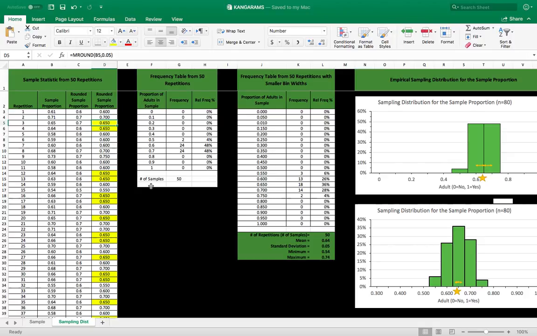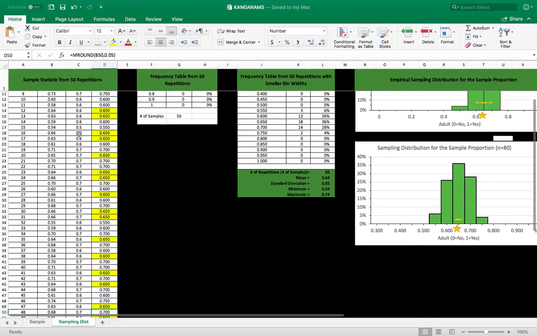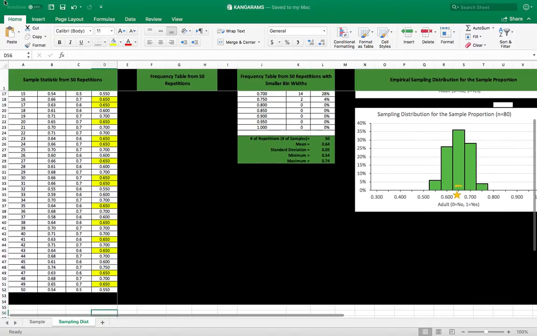What we're looking for is 18 yellow cells: 1, 2, 3, 4, 5, 6, 7, 8, 9, 10, 11, 12, 13, 14, 15, 16, 17, 18. So we know the data lines up pretty well.